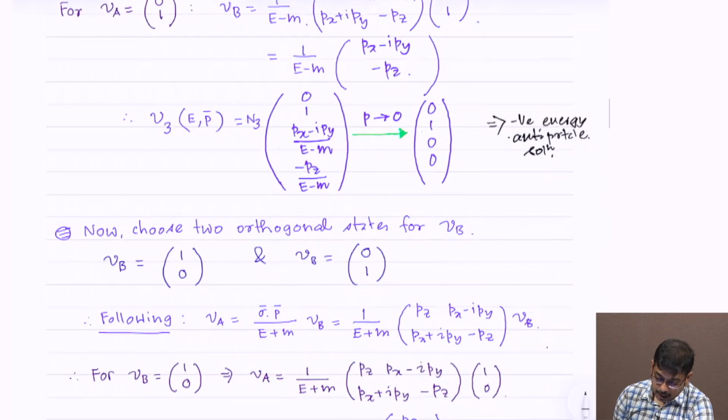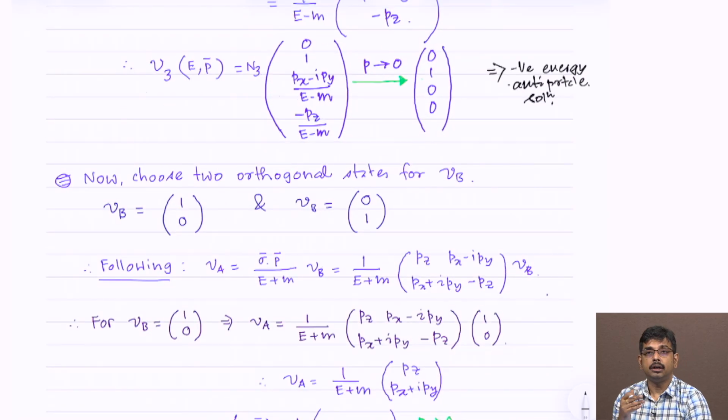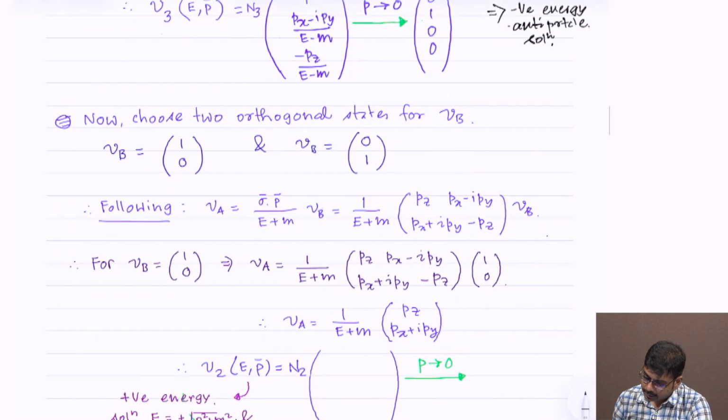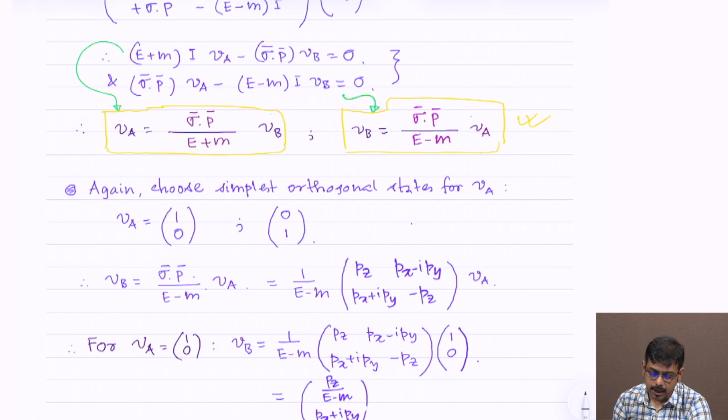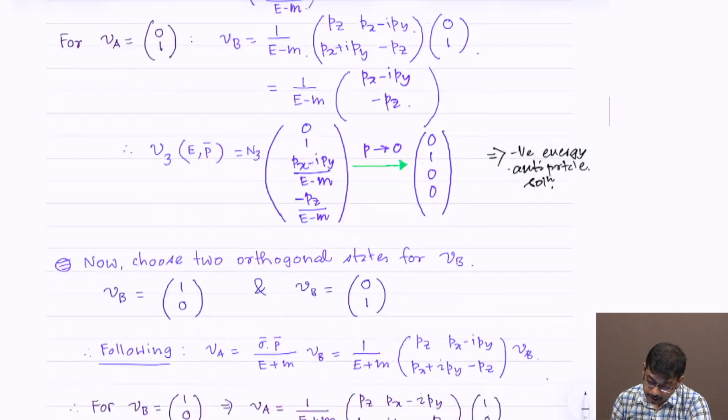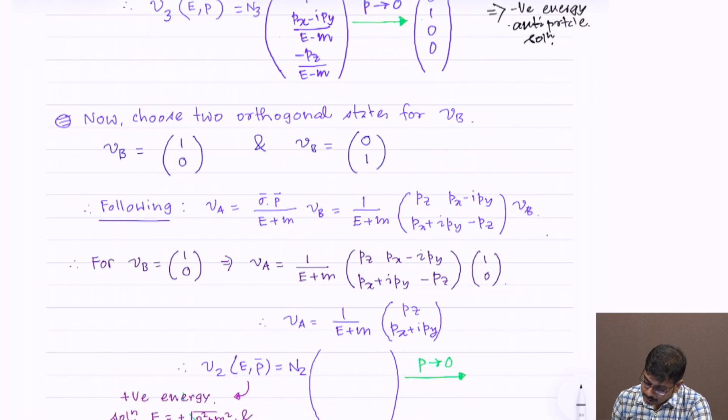Excellent. Now, we will have the other solutions obtained from the template choices of Vb. I can choose Vb once again as 1 0 and 0 1, and I will then resort to the other equation, which says that if I know Vb, I can find Va by sigma dot P by E plus M times Vb. So, let us use that equation.